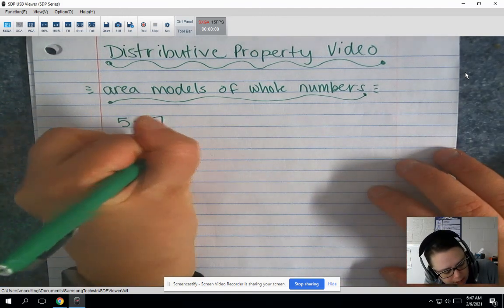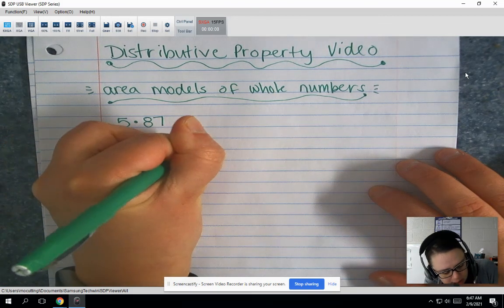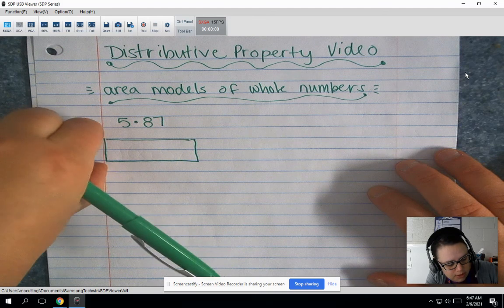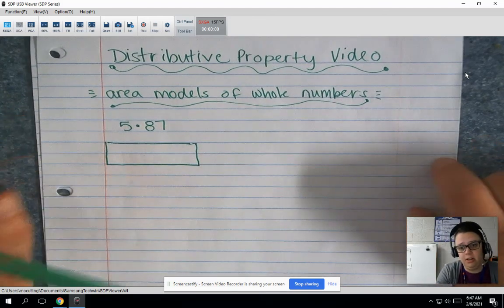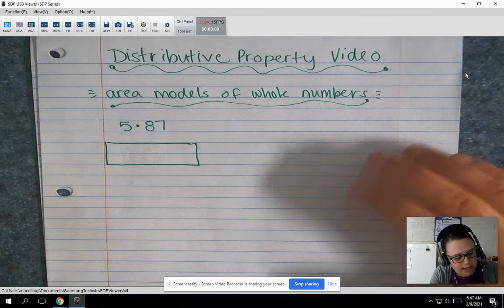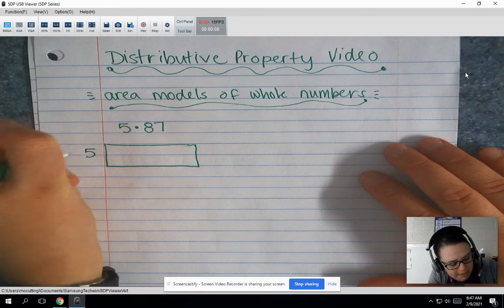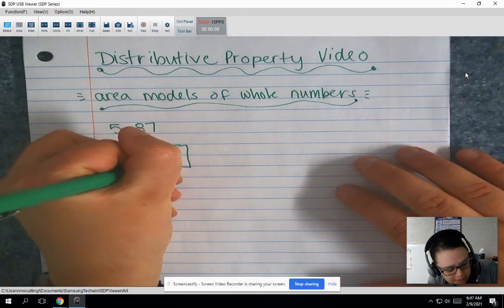So to draw my area model, we know we're not drawing this to scale because it would have to be extremely short and very, very long, and we're not doing that. Okay, but I'm starting with a rectangle. I'm doing 5 times 87, and my 87 I'm going to cut up into 80 plus 7.